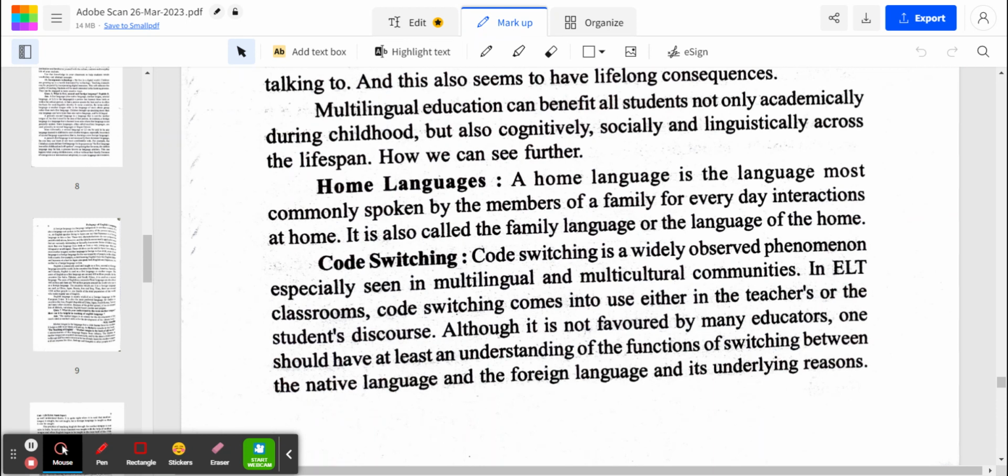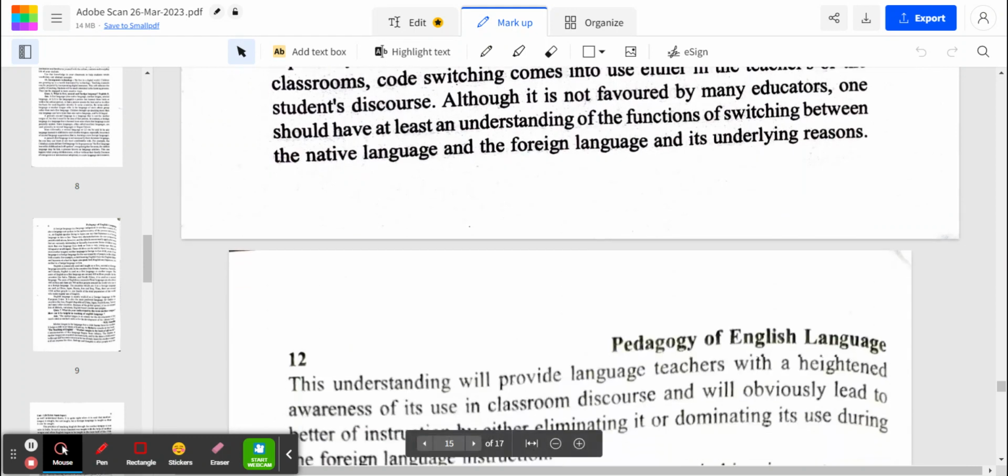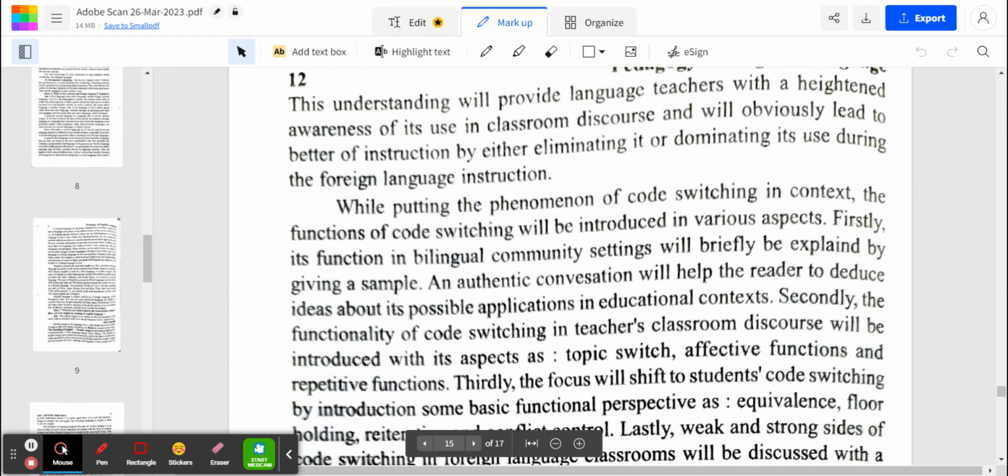One should have at least an understanding of the function of switching between the native language and the target language, and the underlying reasons. The understanding will provide language teachers with a deeper awareness of its use in the classroom, and will lead to better instruction by either eliminating it or dominating it.